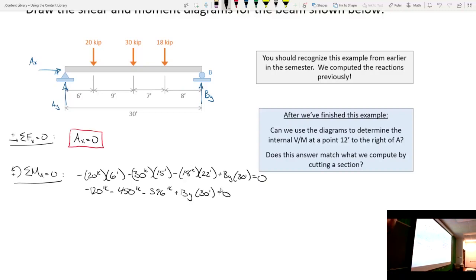Okay. Combine all these. And again, we already did this problem, so I'm going through this part kind of quickly. So I'll just abbreviate that. And then BY is that.